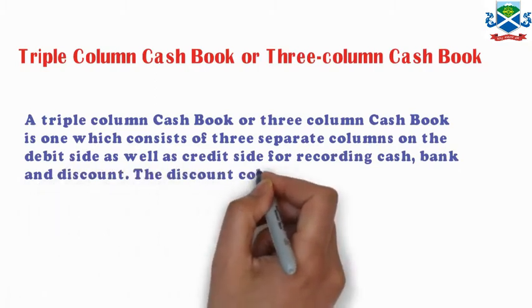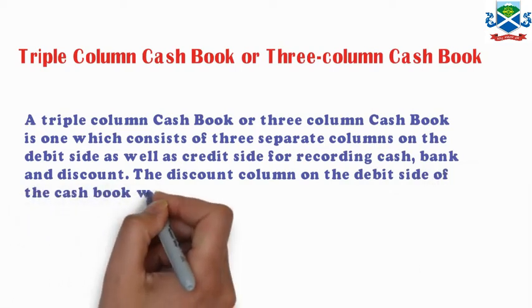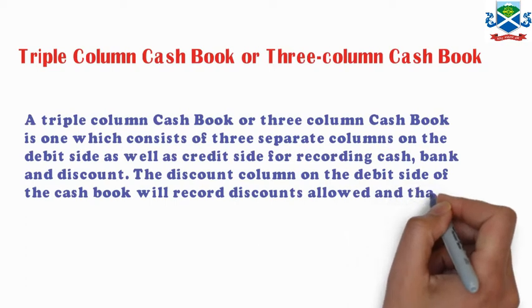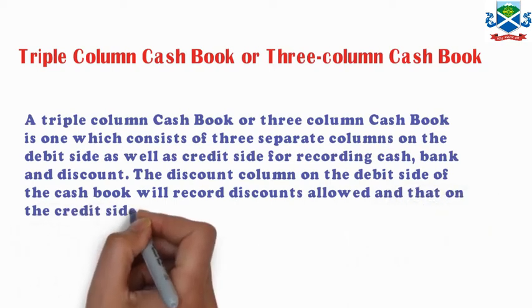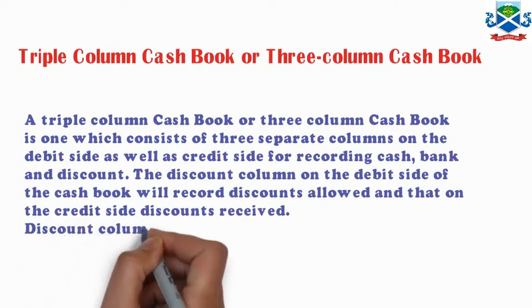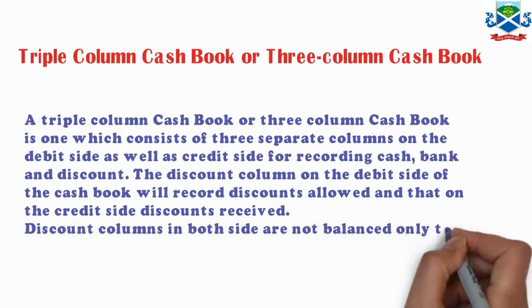The discount column on the debit side of the cash book records discount allowed, and the one on the credit side records discount received. So the discount columns on both sides are not balanced, only totaled.